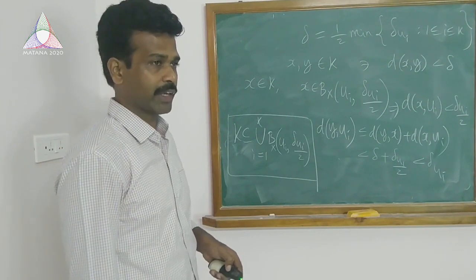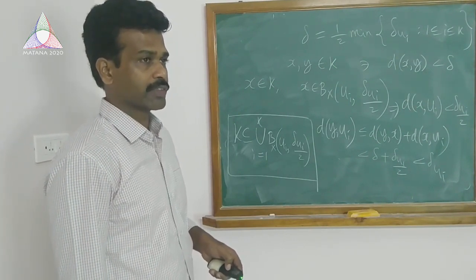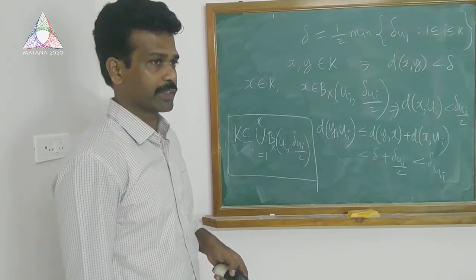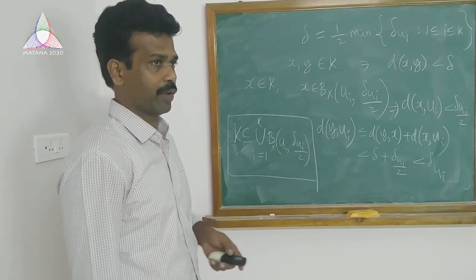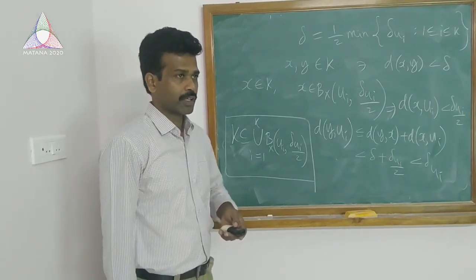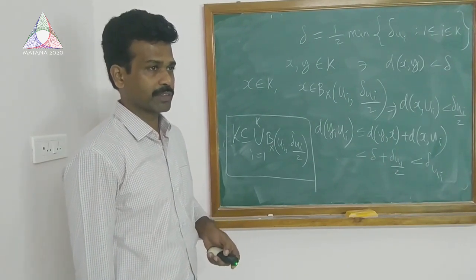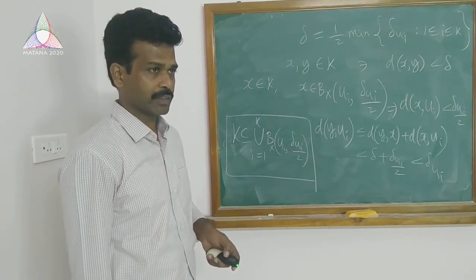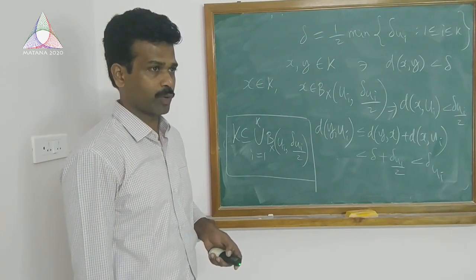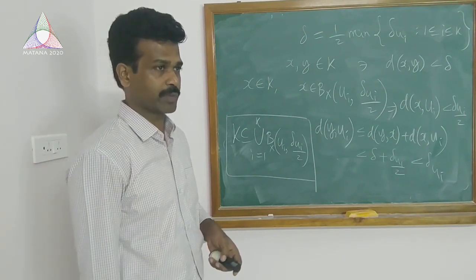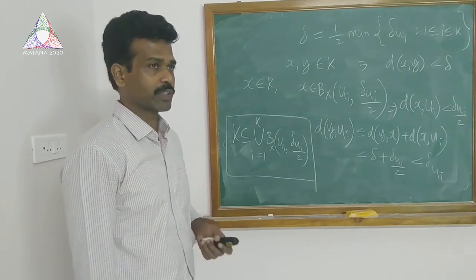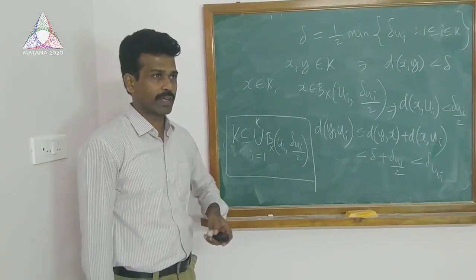Again, by using the triangle inequality, one can easily show rho of f of x and f of y is less than epsilon. So we could get a delta which makes rho of f of x and f of y less than epsilon, and thus the function is uniformly continuous on the entire K.